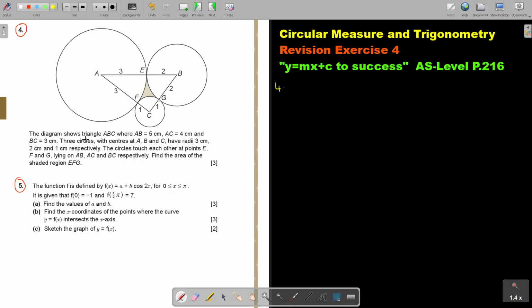The diagram shows triangle ABC. AB is 5. I think it's very important that we write it in also on the triangle. So in total, that is 5. BC is 3.